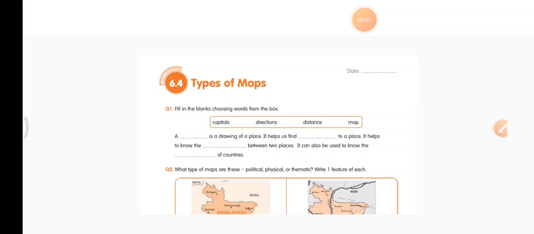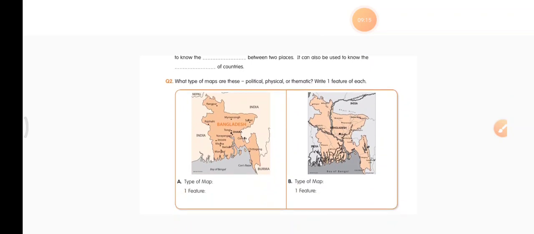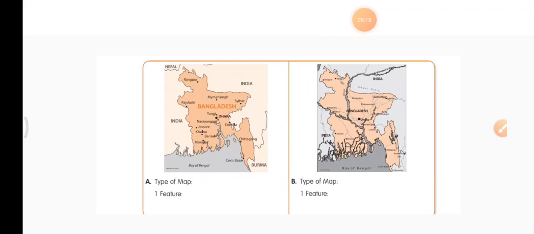So write these words. Then what type of maps are these? Political, physical or thematic? Write one feature of each. If you observe carefully, map A is a political map because it shows the states and capitals of Bangladesh, whereas map B is a physical map because you can see the rivers are very clearly highlighted here.